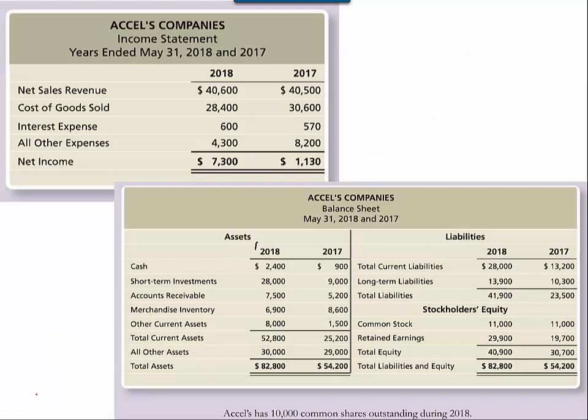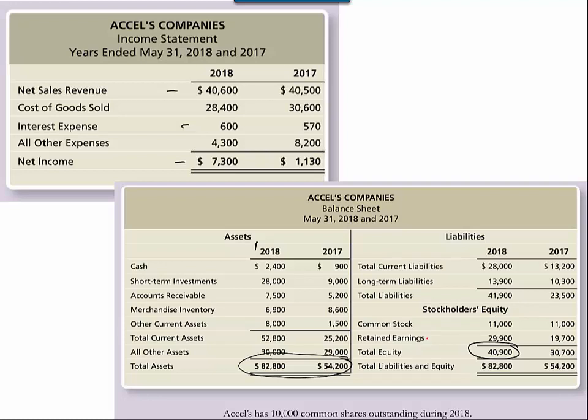So I need this net income number. I need this interest. I need net sales revenue. When it asks for average total assets, I'm going to average these two together. When it's asking for common stock equity, I'm going to be looking at this number right here because they don't have preferred stock.